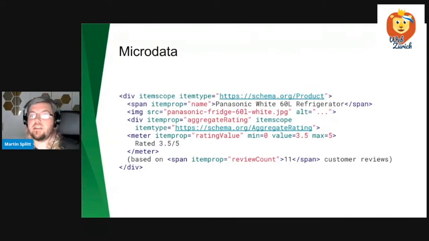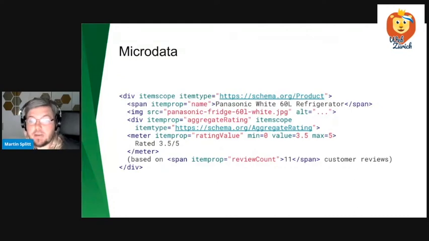So now a machine does not need to know which text it needs to look at, because it can look at the span, which is the name of the product, and then it can take just that piece of information. It doesn't have to be smart to understand that the "based on 11 customer reviews" is not part of the name, for instance, because we have specified this here. The image is just an image, and that's not really related to the product specification here.